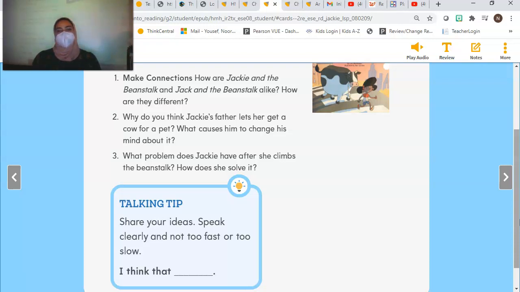Okay, they both sell their cows for beans. Good. What's another way they're alike, Dustin? They both take something from the giant's house. Very good. What's a third way that it's alike, Dominic? They both have beanstalks. The beans both grow big bean stalks. What's another thing, Amaria?